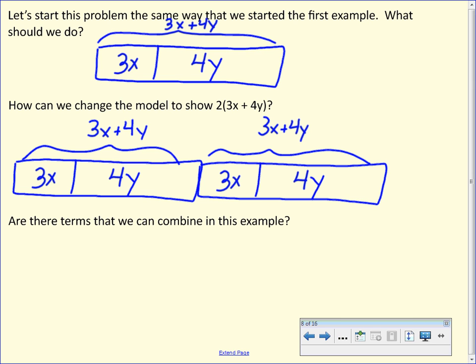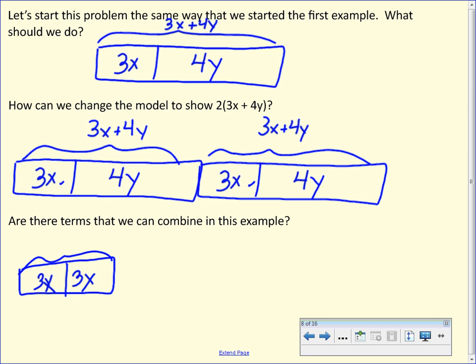Now, is there any matching that we could do? Can we rearrange them kind of like a puzzle? Can we rearrange the puzzle pieces so that we have matchy-matchy on one side and matchy-matchy on the other side? What can I combine? What do I have matching? Give me one example. I have 2 groups of 3x. So I took this 3x and this 3x and I put them side by side.